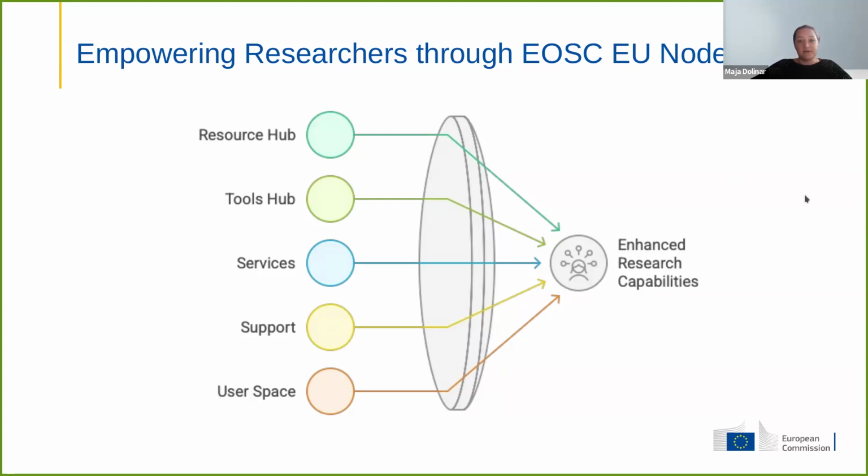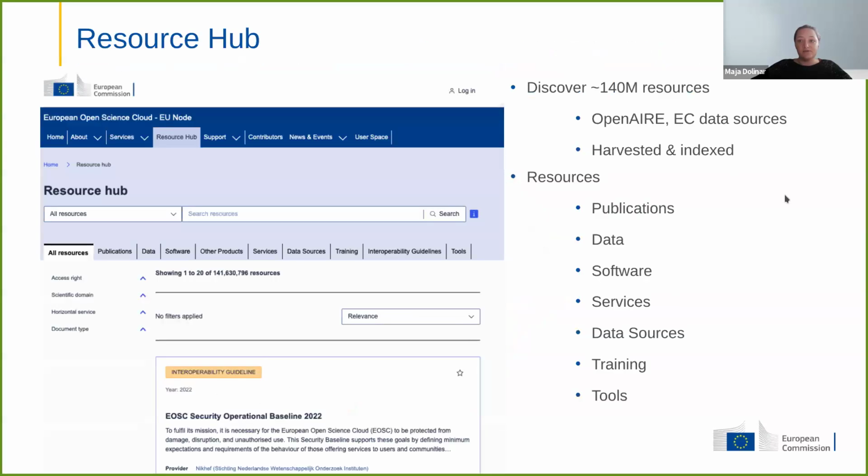The Resource Hub is a core feature of the EOSC Node. It's available without login. If you go to the website of the EOSC Node and click on the Resource Hub tab, you are free to explore the hub and the resources available. The Resource Hub aggregates research outputs from multiple European sources.